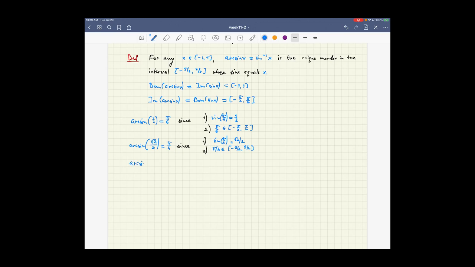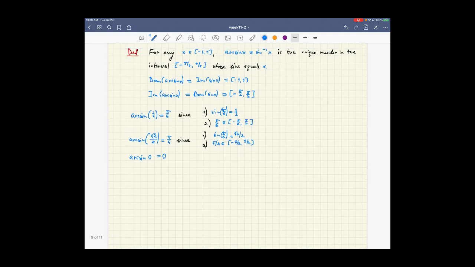Likewise, arcsine of 0 is 0, because sine of 0 is 0, and the 0 angle is in the interval. What about arcsine of 1? That is pi over 2.